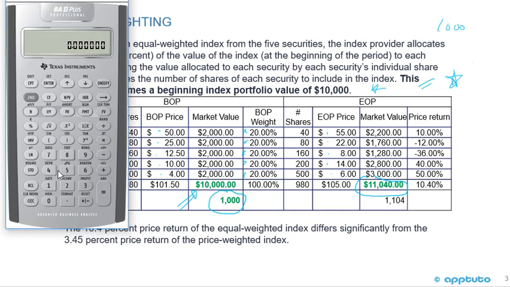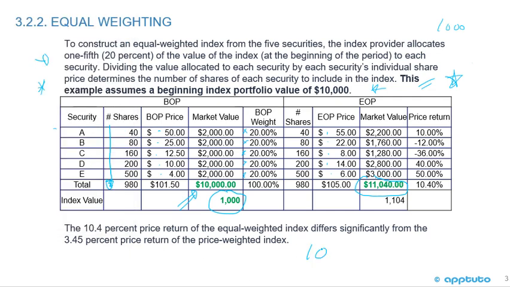So if we bring up our calculator now, we can see 11,040 divided by the 10,000, our beginning value, minus 1, and times 100 to get a nice round number. We have a return of 10.4%. Then our beginning index value was 1,000.